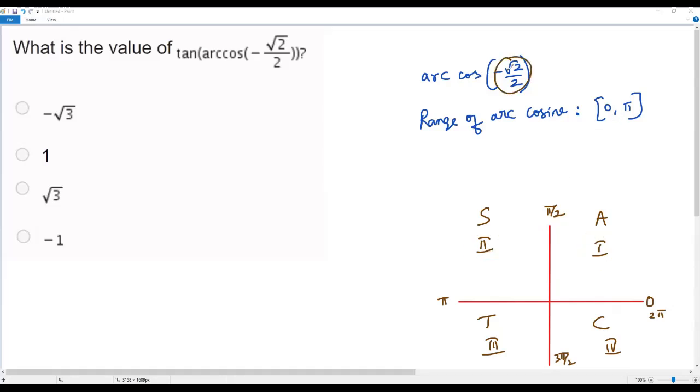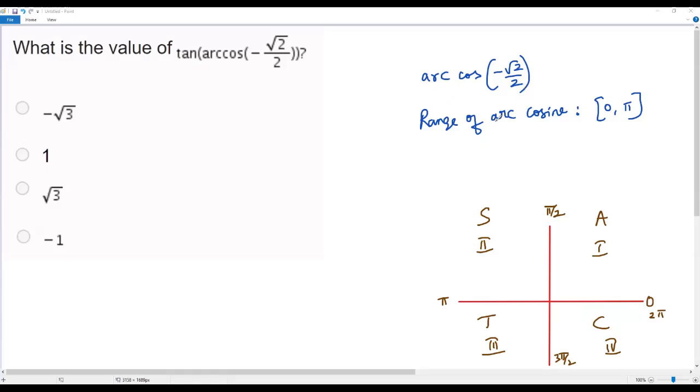Okay, so here the value we have for the cosine is negative. So we cannot consider the first quadrant, because in the first quadrant all trigonometric ratios are positive, so the cosine also must be positive. But here the value we have for cosine is negative. So the angle measure we get for this arccosine must be in the second quadrant. To get the angle measure in the second quadrant, first we need to get the reference angle.